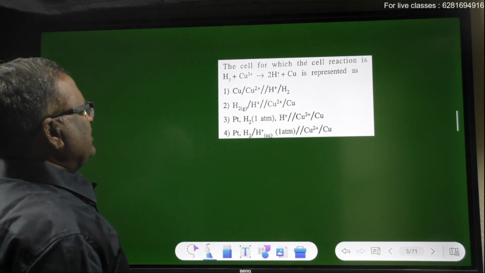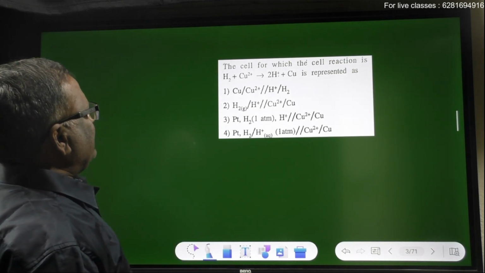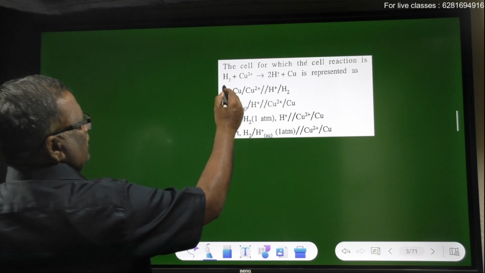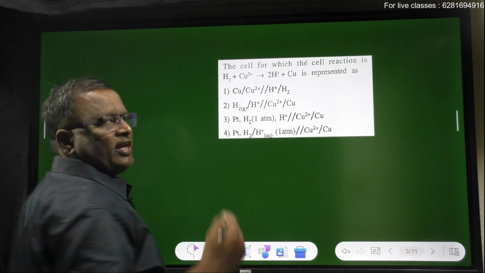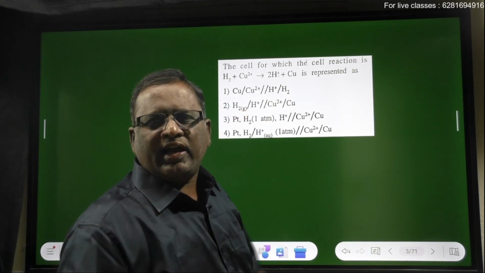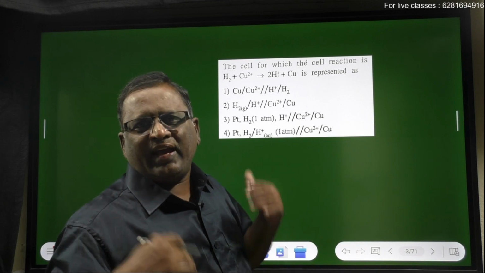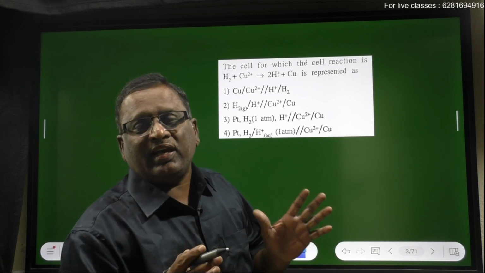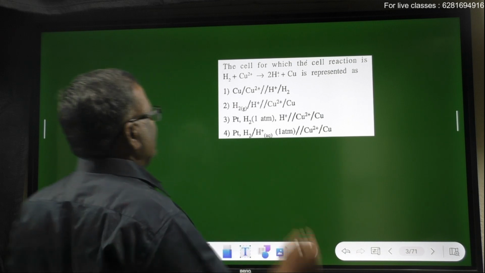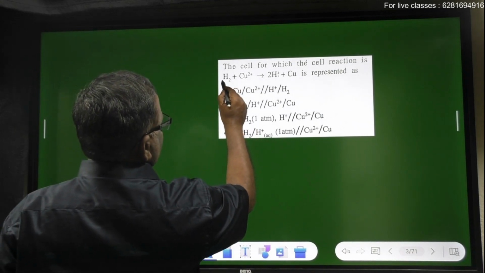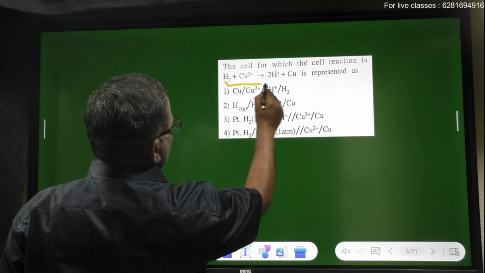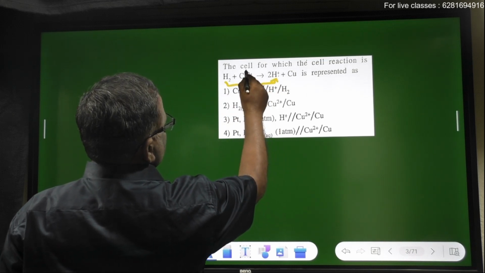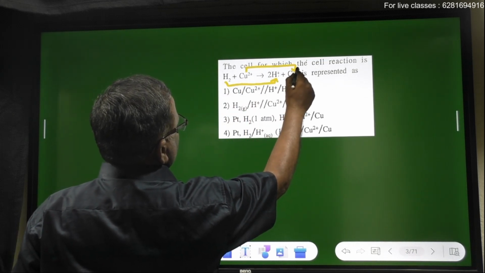Next, the cell for which the cell reaction is given. In the previous case they gave the cell notation and asked for the cell reaction. Now they are giving the cell reaction and asking us to write the cell notation. The chemical reaction here is H2 converted to H+, Cu+2 reduced to Cu.